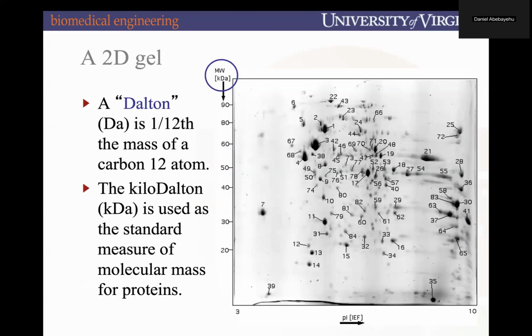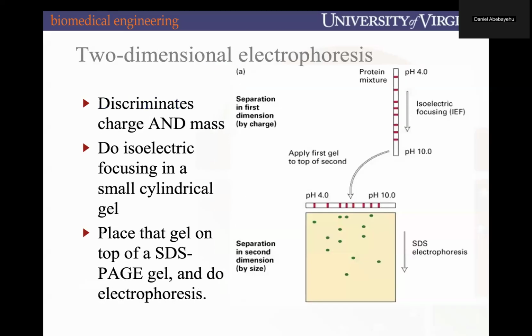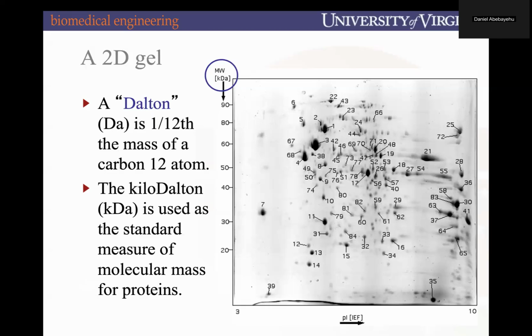So this is what it actually looks like. This is us running through how it actually works, and the result is this gel that has these dots and smears across it. The smears again are results of modifications to certain proteins. Could be phosphorylation, could be glycosylation.